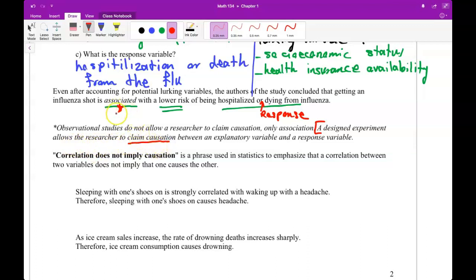So if this was an experiment, they may say that getting that flu shot can cause this outcome. They claim causation between an explanatory variable and a response variable. So this is not for that example.